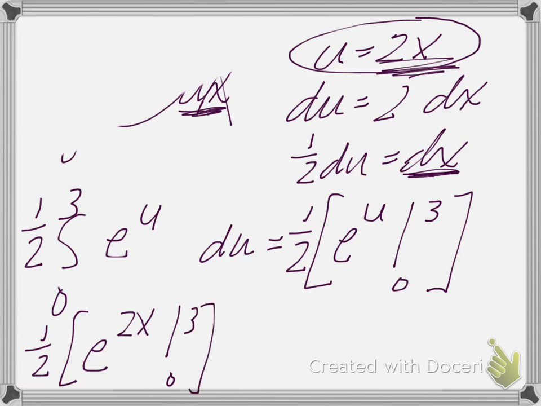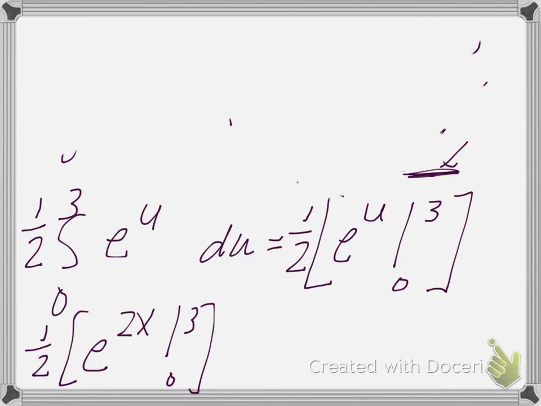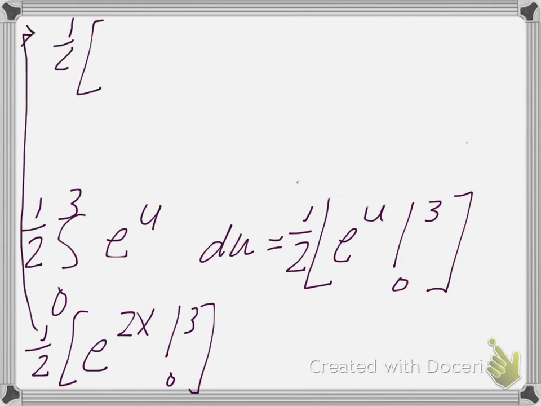I'll make some room up here. So I'm going from here up to here now. So 1/2, and now I'm going to put the upper limit of 3 in there. So I'm going to get e to the 2 times 3 minus e to the 2 times 0.